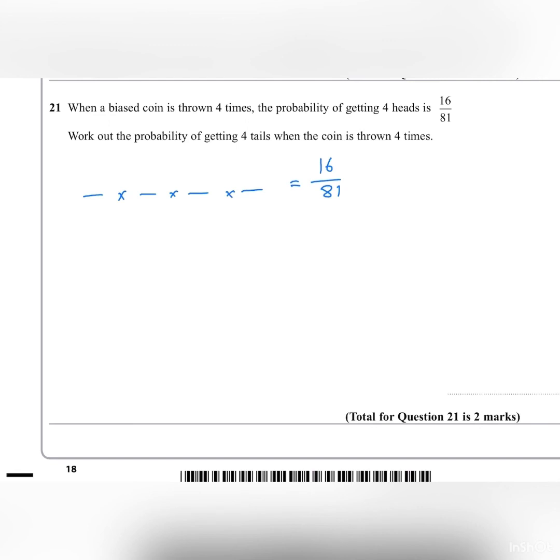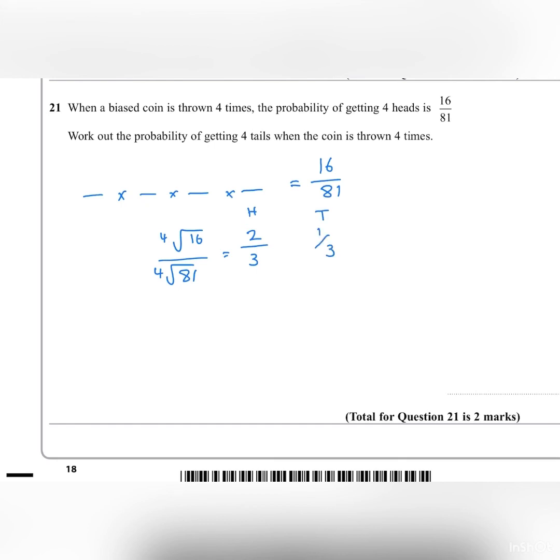So what we can do is take the fourth root of 16 and also 81, and that is 2 over 3. So there's a 2/3 chance of getting a head from this coin. Now, if there's 2/3 of getting a head, the probability of getting a tail would be 1/3.